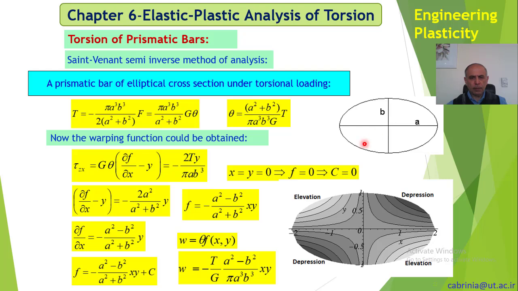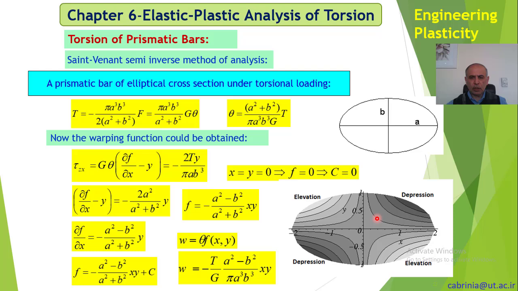Therefore if we put 0 here, we get F in terms of X and Y, and remember the warping function was this. Now we have theta is equal to that, so if we substitute theta here and F in here, we get W. So on this section, at any point X and Y, for instance that point, if you substitute here A and B, T and G, then you get W, which is in the Z direction.